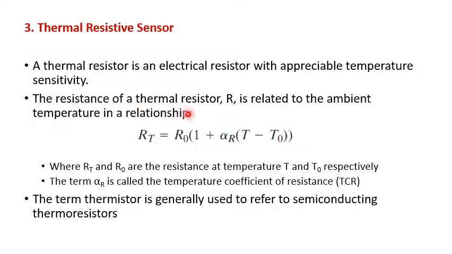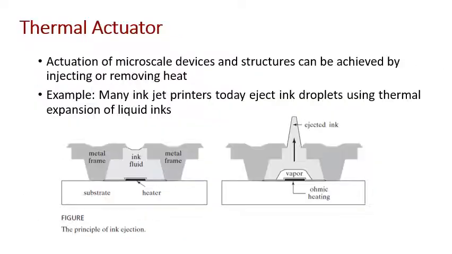So the resistance of a thermal resistor is related to the ambient temperature by the equation RT is equal to R0 into (1 plus alpha R (T minus T0)), where R0 is the resistance of the material at a temperature T0 and RT is the resistance at a temperature T. Here alpha R represents the temperature coefficient of resistance. The term thermistor is used when semiconducting materials are used to form the thermal resistor.